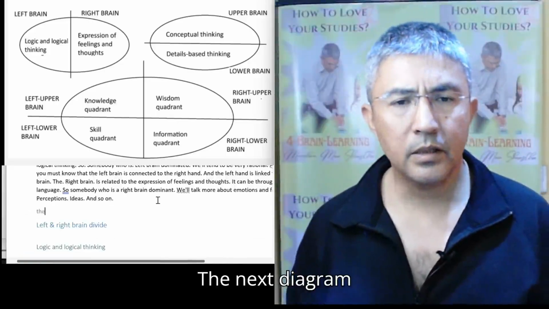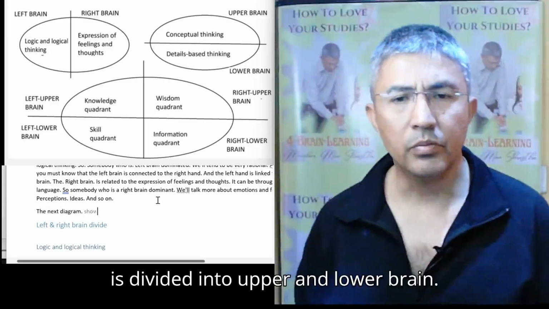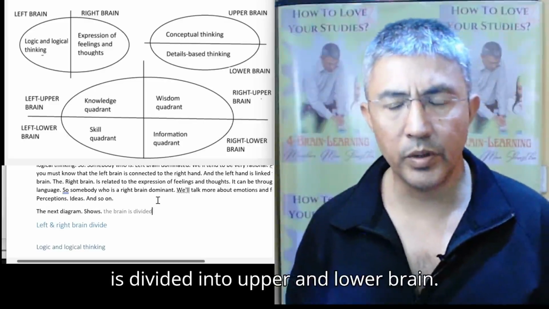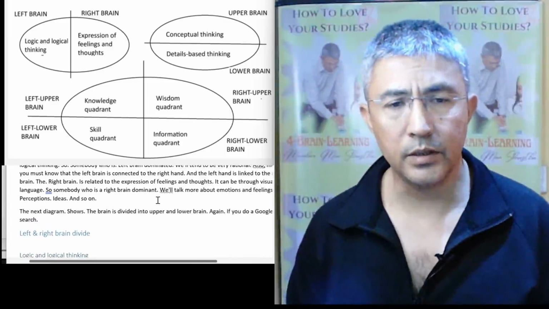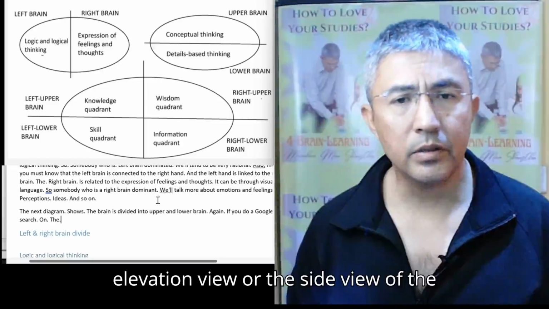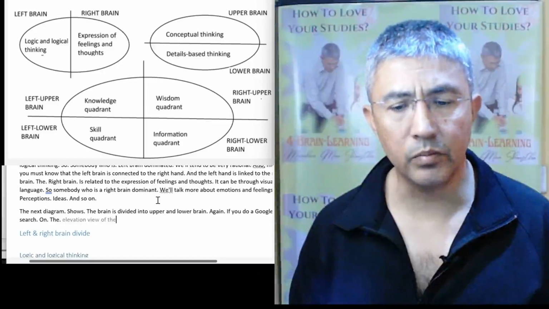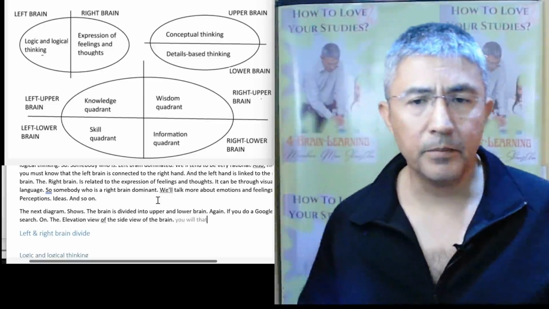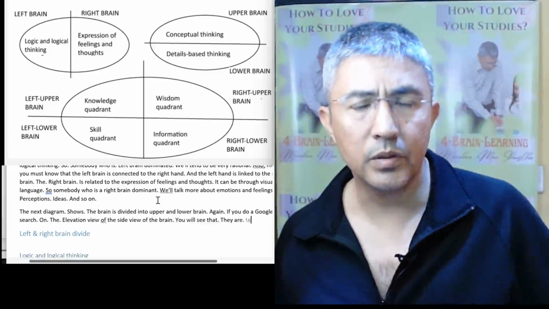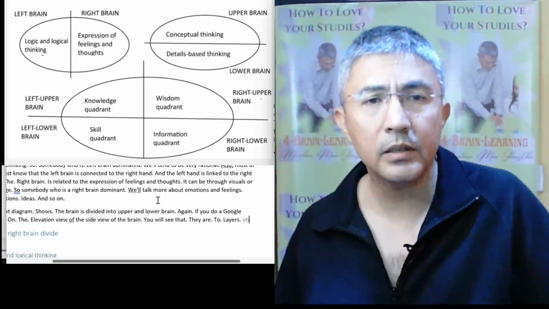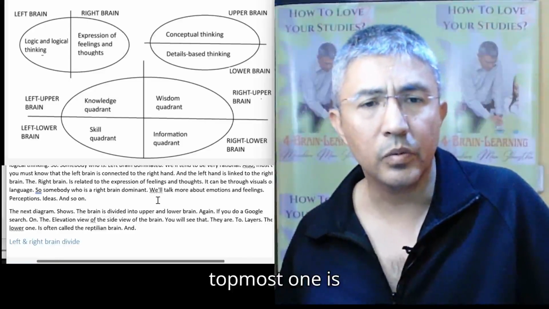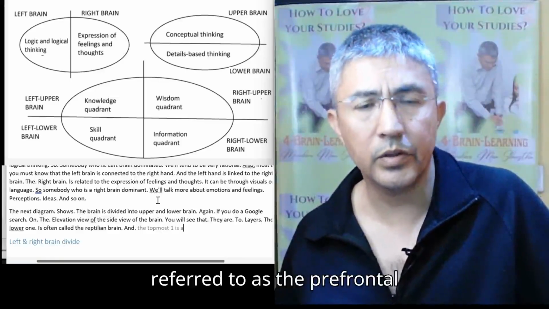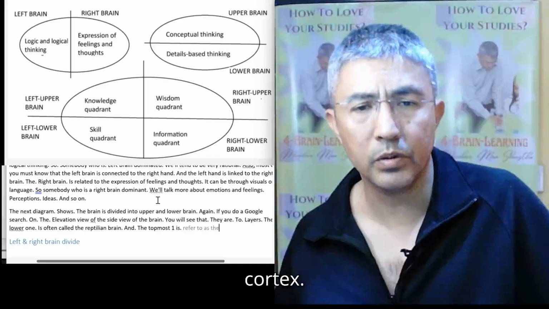The next diagram shows the brain is divided into upper and lower brain. Again, if you do a Google search on the elevation view or the side view of the brain, you will see that there are two layers. The lower one is often called the reptilian brain, and the topmost one is referred to as the prefrontal cortex.